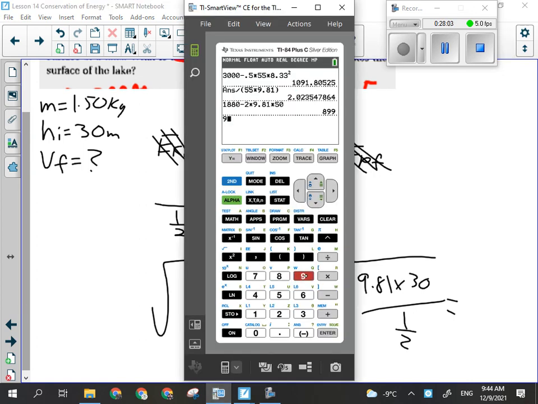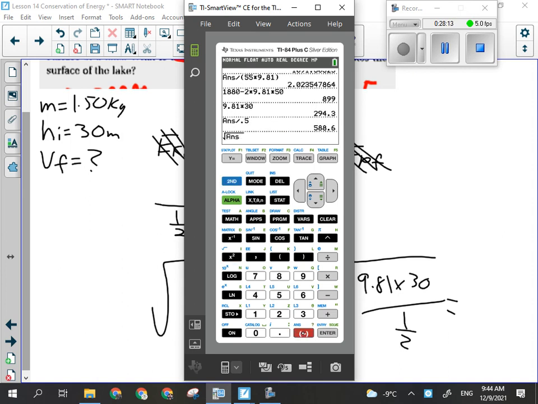So 9.81 times 30 divided by 0.5. Square root. All right, so that rock will be moving at 24.3 meters per second the instant it hits the lake.